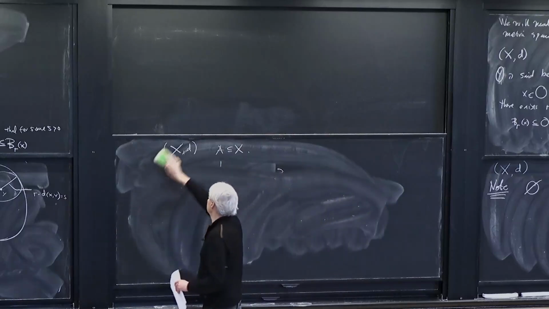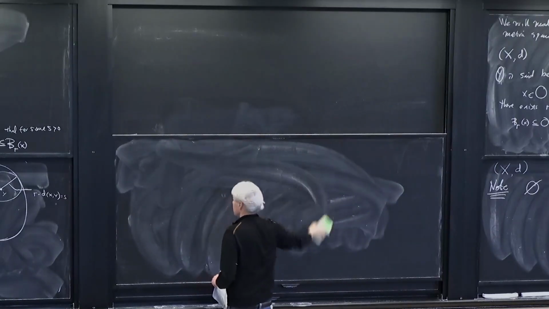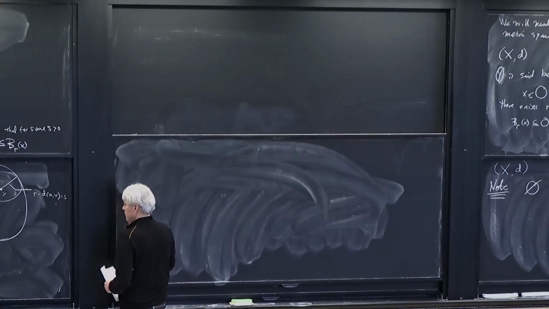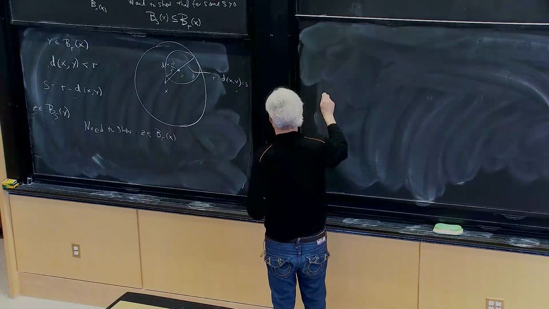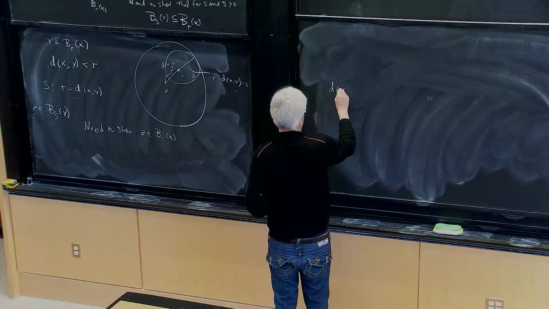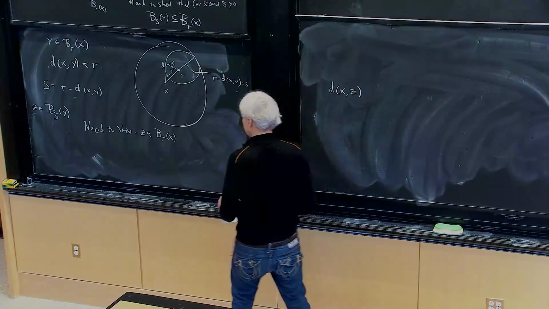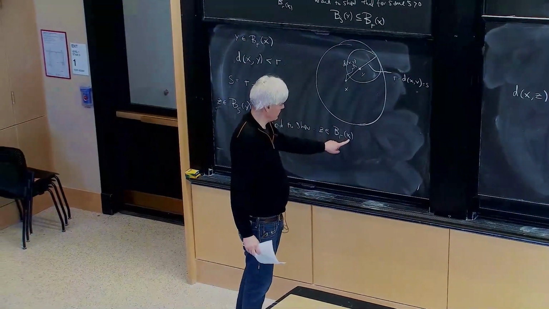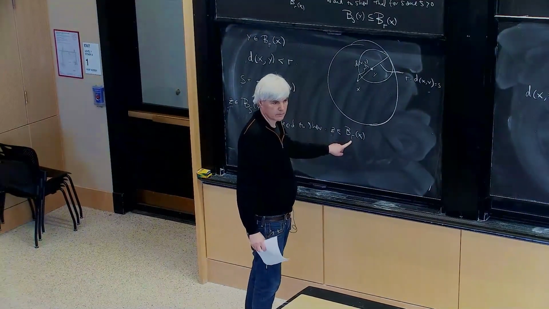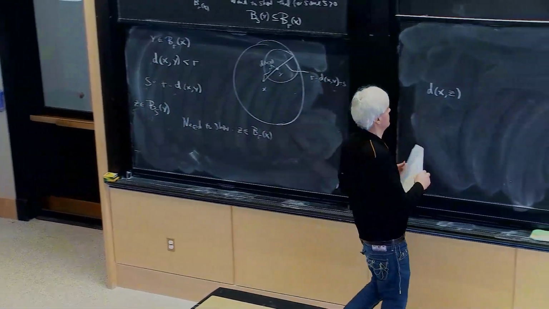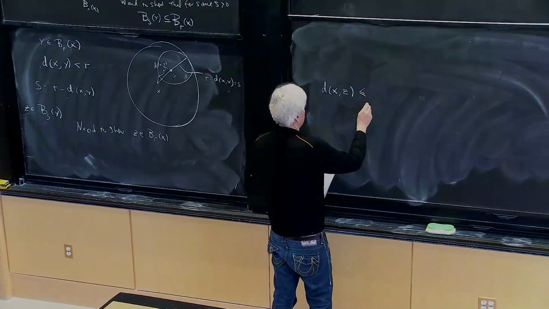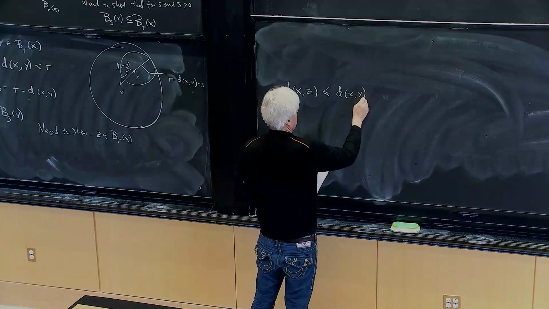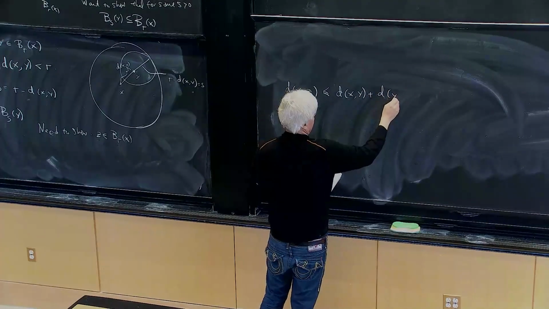So we're going to look at this distance. In order to prove this, we need to prove that the distance from z to x is strictly less than r. So let's examine that distance. The triangle inequality says that this is bounded by the distance from x to y plus the distance from y to z.